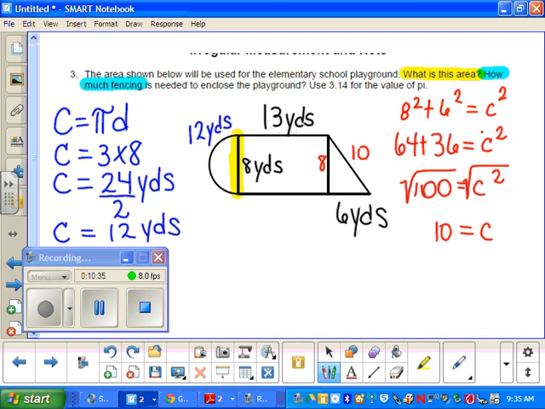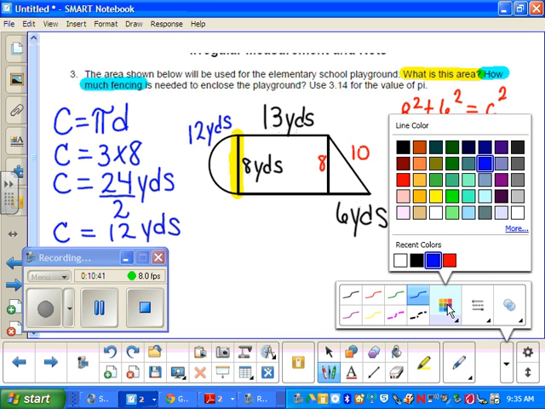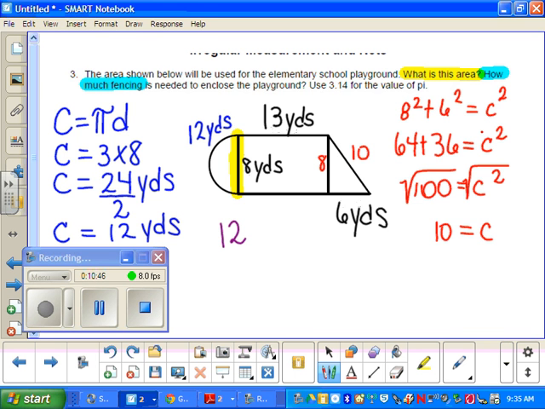All right, now I can find my perimeter. I can add all the sides all the way around. So I'm going to have my 12 yards for my semicircle. And then I'll have 13 yards. And then I'll have 10 yards for my triangle part. And then I have 6 yards. And then I have another 13 going across the bottom.